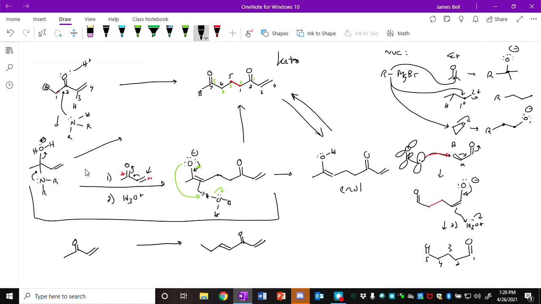That would give then a double bond between the carbon and the nitrogen. And then typically another molecule of the amine would pick up this proton and push electrons up to stabilize that nitrogen. And that gives an enamine.